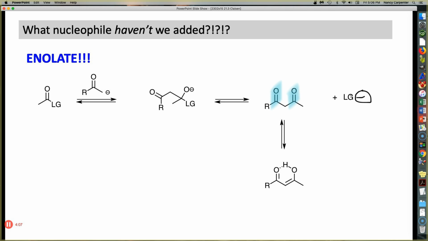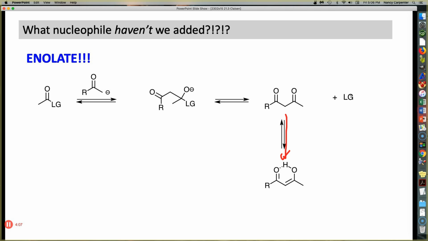So it's the same mechanism, it's the same tetrahedral intermediate, but the product is invariably a 1,3-diketone. Now, what pushes this equilibrium all the way to this stable final product, the diketone?